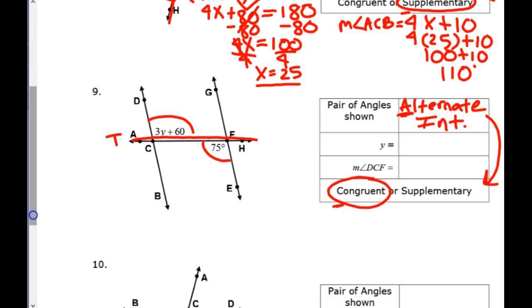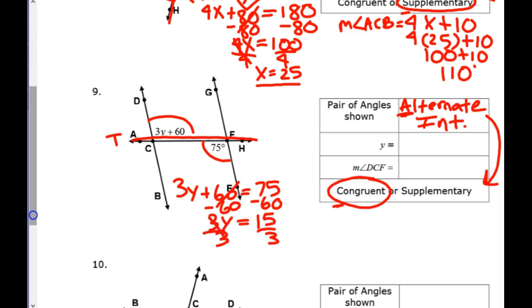Now congruent means set them equal. So let's do that. 3y plus 60 equals 75. All I got to do is get rid of that loner, minus 60. 3y equals 15. And get rid of that coefficient by dividing. y equals 5.